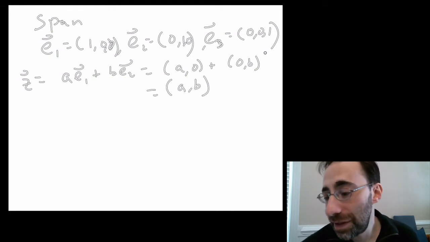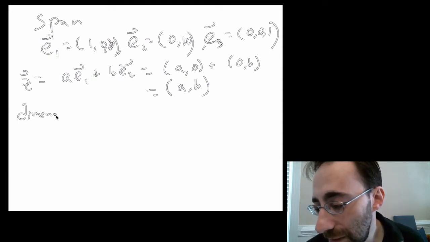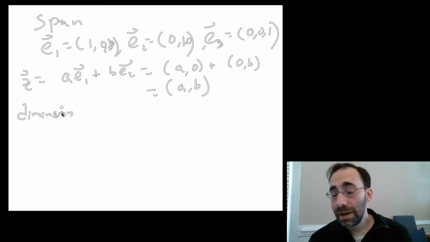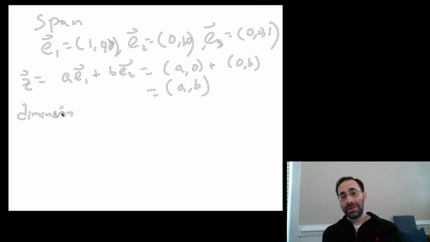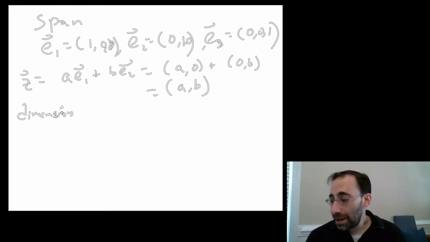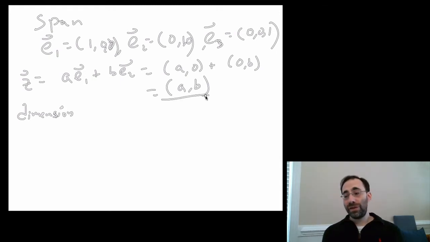That tells you the dimension of the space. For two-dimensional space, you can't write a two-dimensional vector with fewer than two spanning vectors, so the space is two-dimensional.